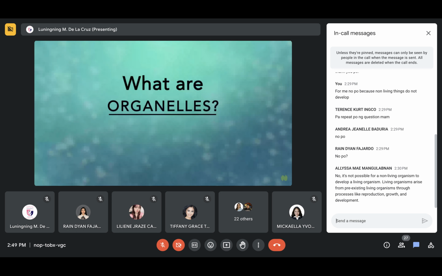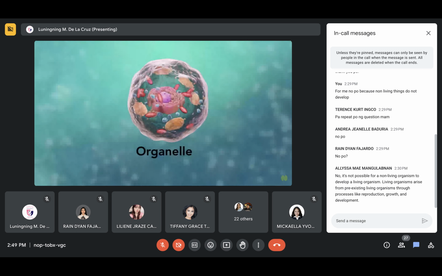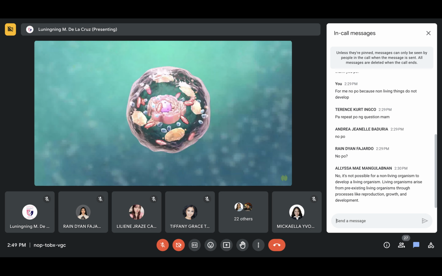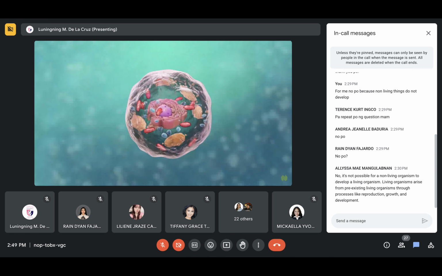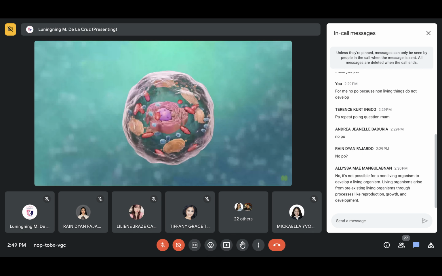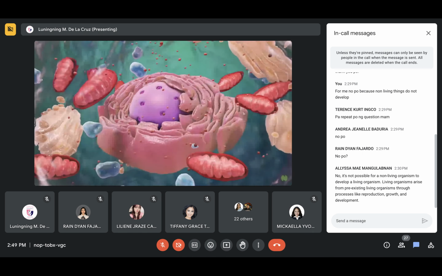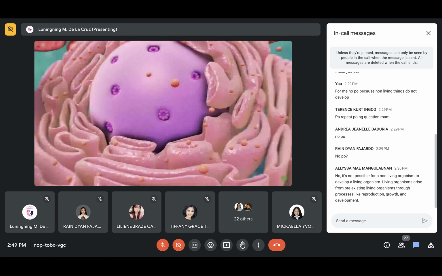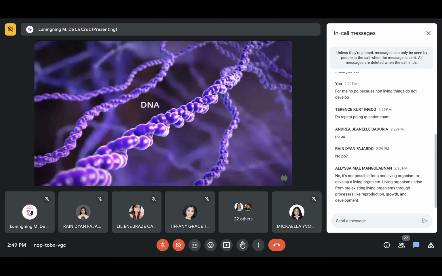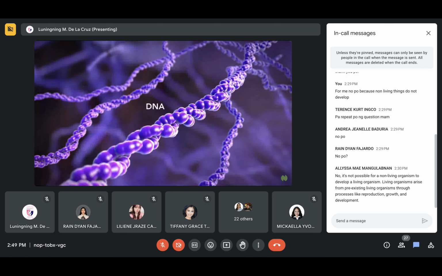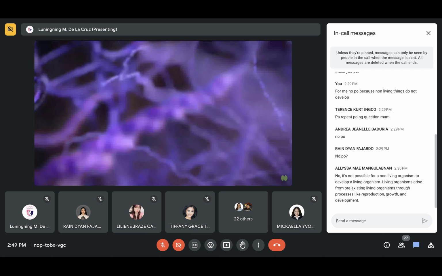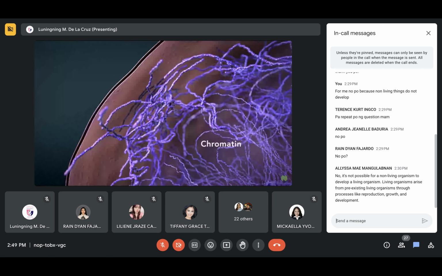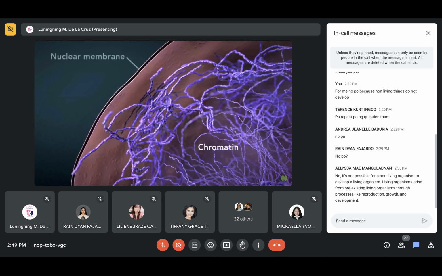So, what are organelles? Organelle means little organ. Organelles are the specialized parts of a cell that have unique jobs to perform. Let's start with the nucleus, the control center of the cell. The nucleus contains DNA, or genetic material. DNA dictates what the cell is going to do and how it's going to do it. Chromatin is the tangled, spread-out form of DNA found inside the nuclear membrane.